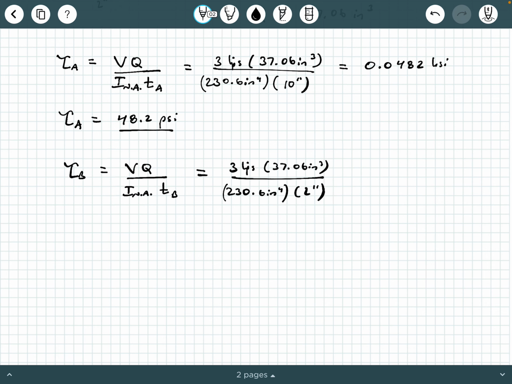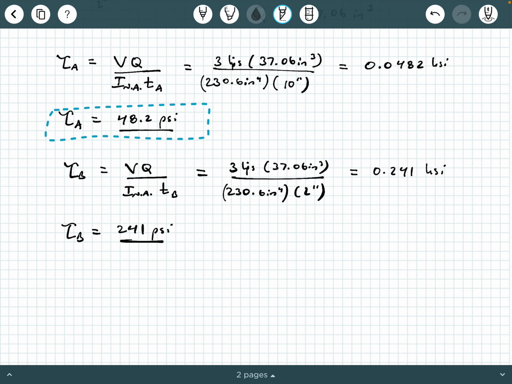And we punch this through and we get 0.241 KSI. And so we could write this as tau B as 241 PSI. And so these become our two values, tau sub A and tau sub B.